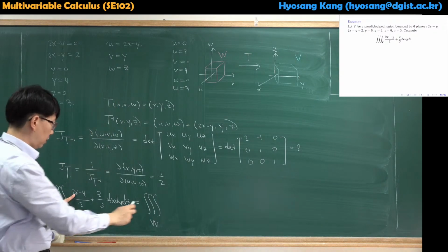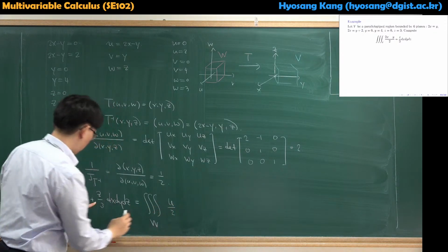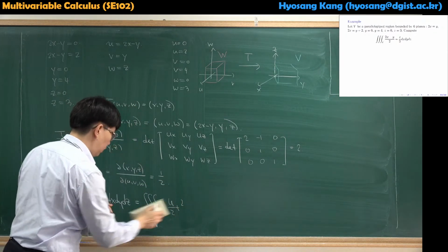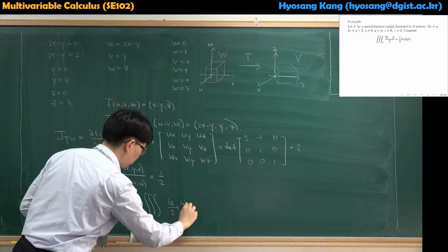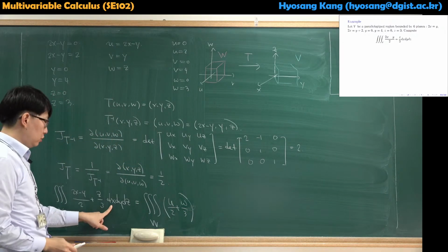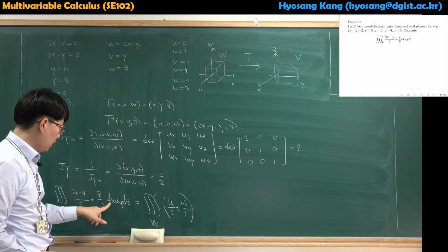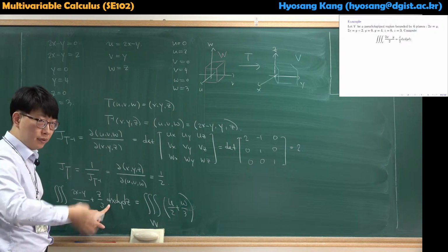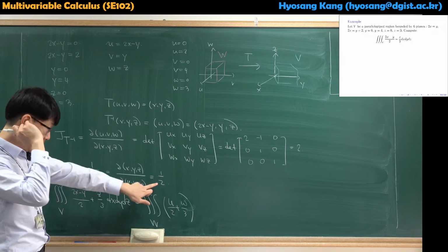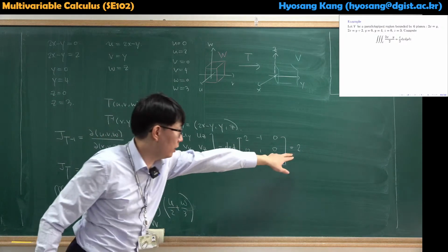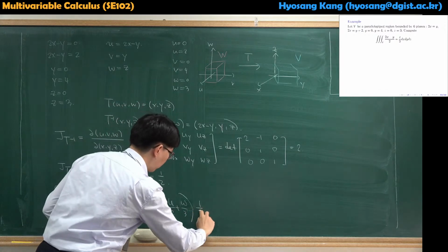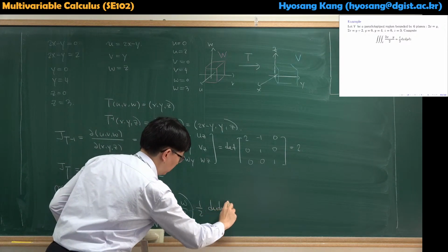So this is u over 2, and z is w, w over 3. Before I change into du, dv, dw, I need to multiply by the absolute value of the Jacobian, J_T, that's 1 over 2. So don't apply 2. We have to apply 1 over 2. And du, dv, dw.